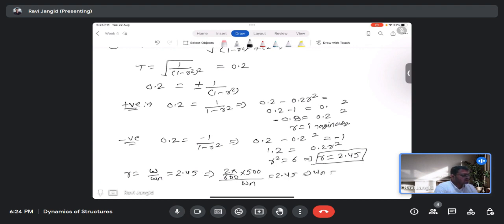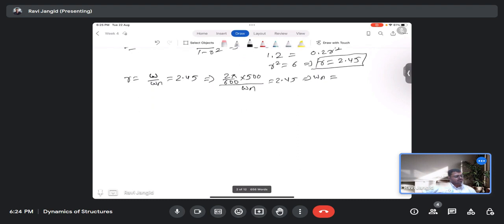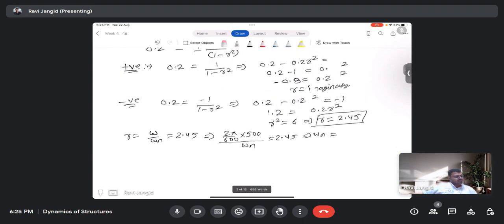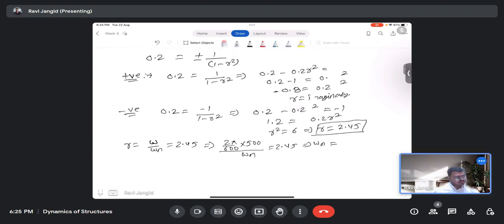Can anyone tell me what is the omega n? I think 2 pi by 60, right? Yes, it would be 2 pi by 60. It is 21.37 radian per second.